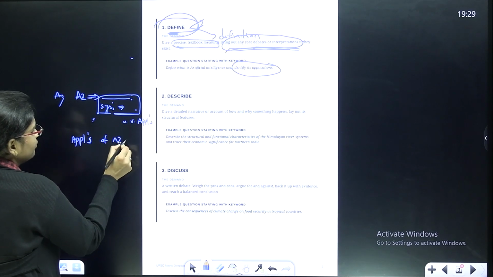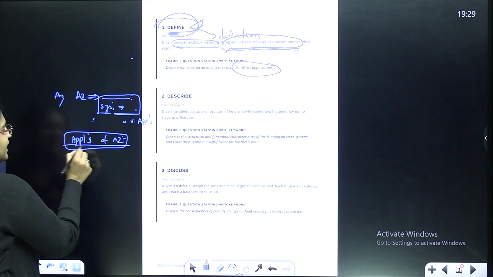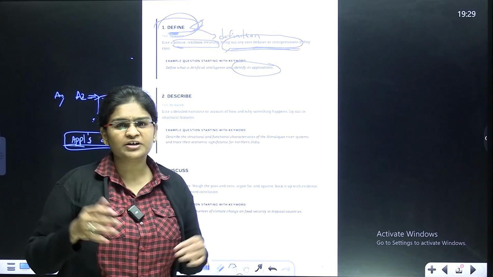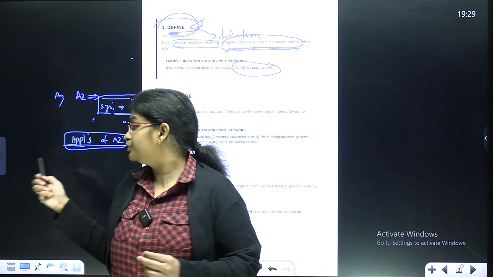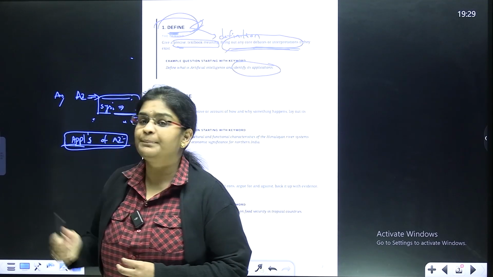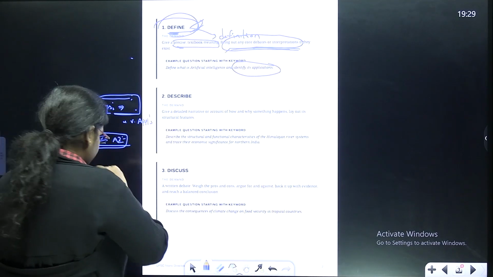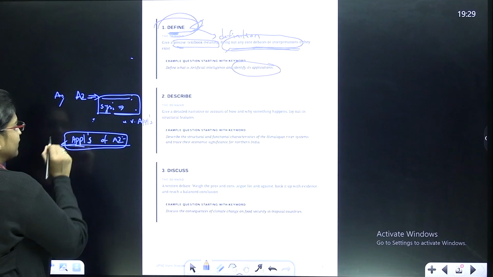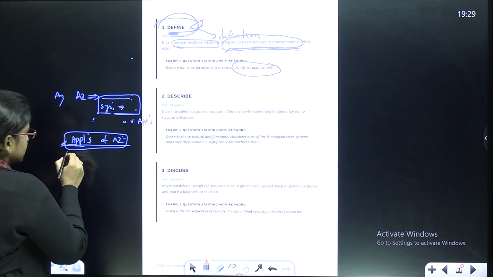artificial intelligence. Now one more caution you need to avoid is that while writing this side heading, don't just write applications. Applications means what applications? So you need to mention applications of artificial intelligence. Now while writing these applications, people may write in different kinds of formats.